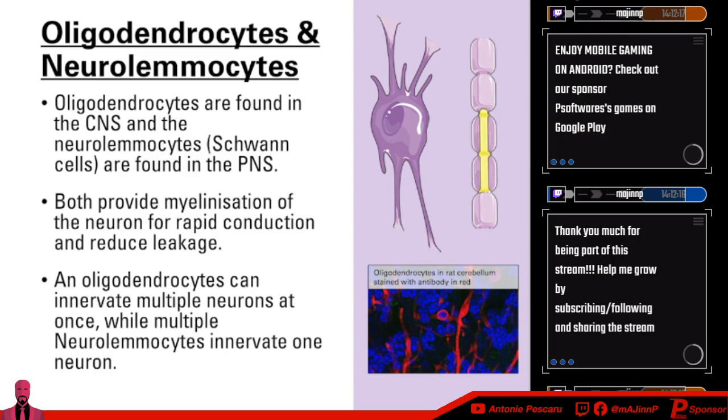And the more rapid conduction there is, the better transmission of information you get throughout the body. So if you have less of this myelinization, you get something called Guillain-Barré. Well, this is the one that's most likely well known.